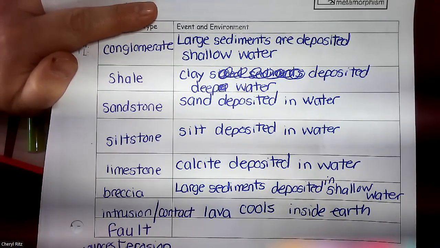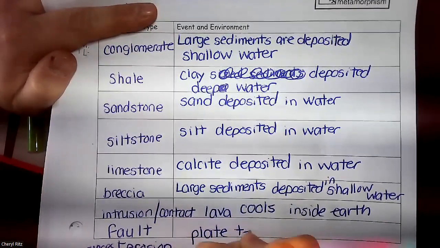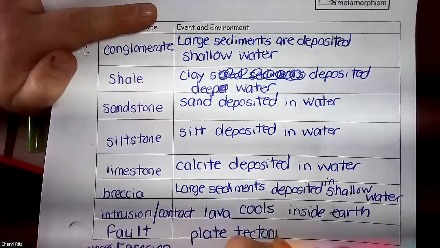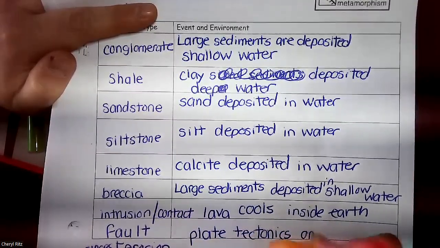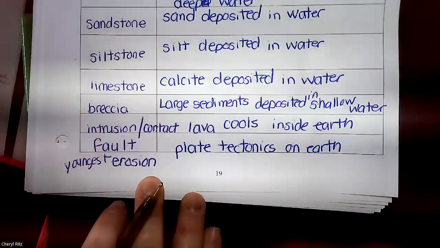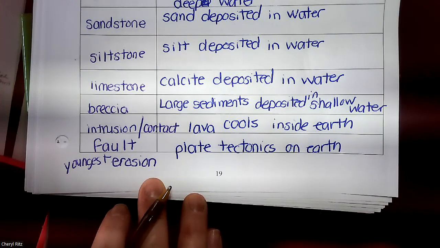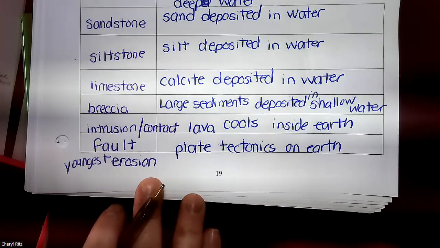How does a fault happen? Plate tectonics. On Earth again. So plate tectonics break the layers. And the last thing we added yesterday was erosion. What are some things that cause erosion?